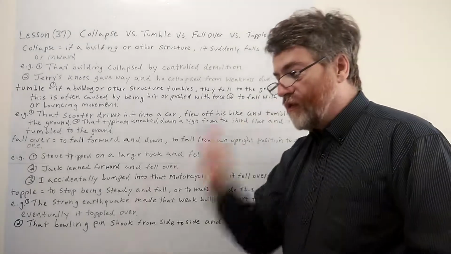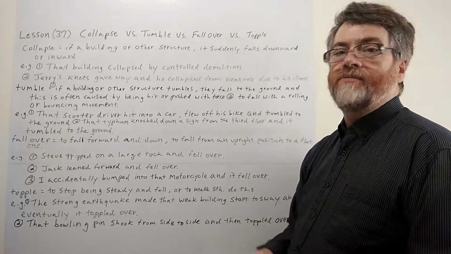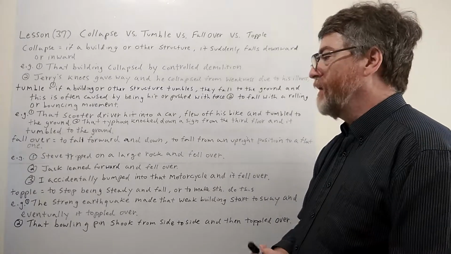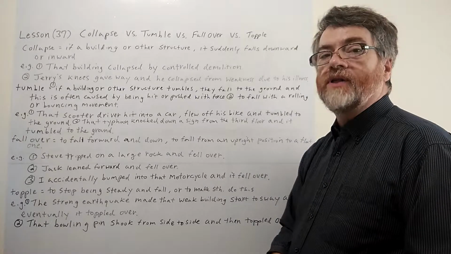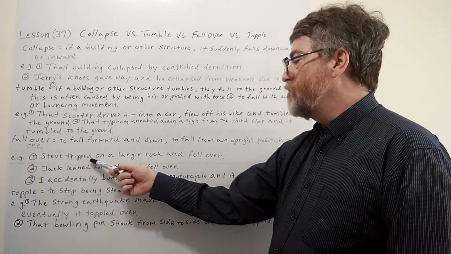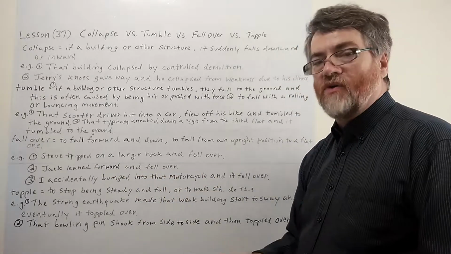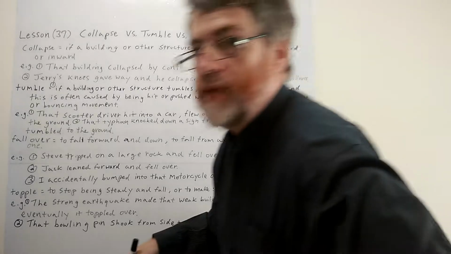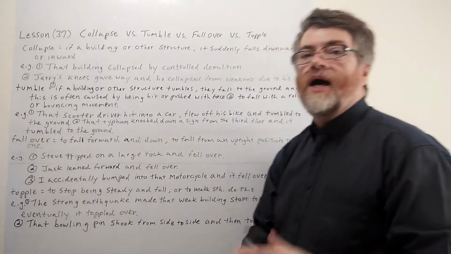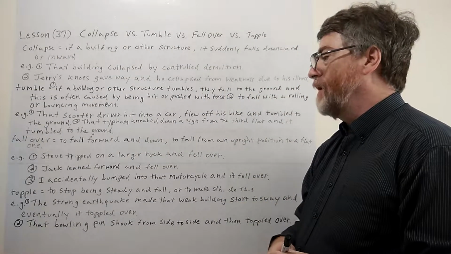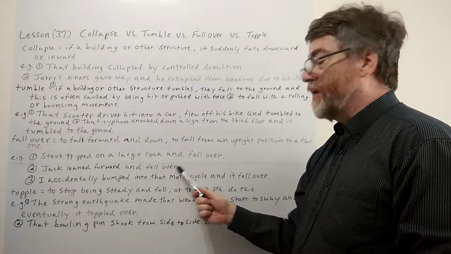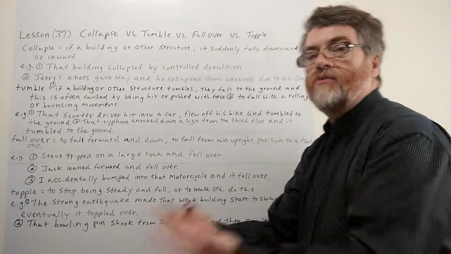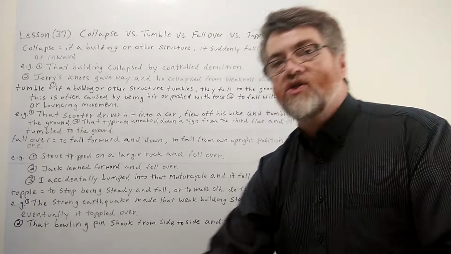You just might fall over and boom, straight down on the ground. You fell over. Let's look at several examples. Steve tripped on a large rock and fell over. He's probably walking and boom, he hit something and went straight down. He fell over. Jack leaned forward and fell over. Again, you're moving forward and you're falling straight down.